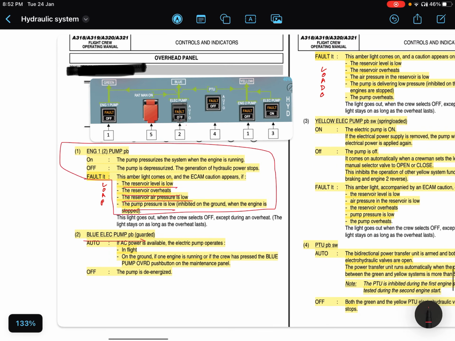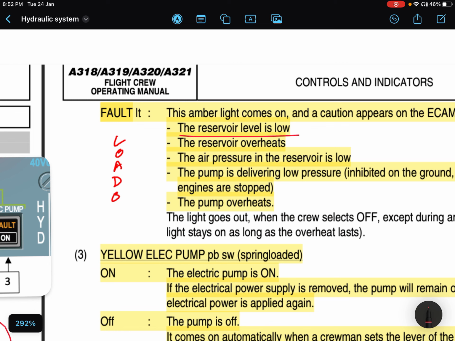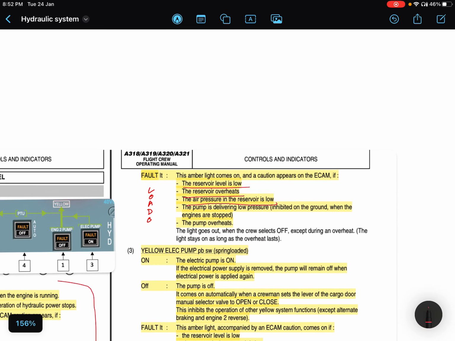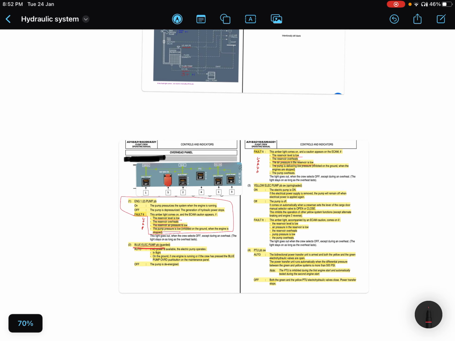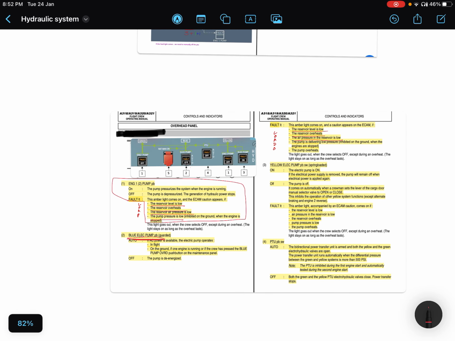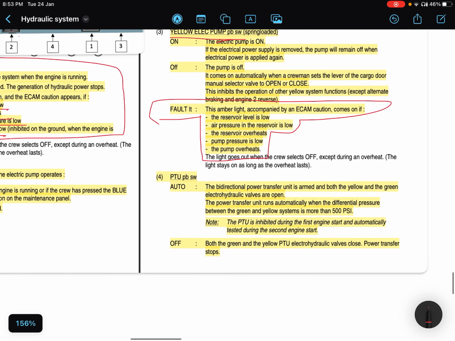For blue electric pump, the fault light comes for the same reasons I have told you: reservoir level is low, reservoirs overheat, and air pressure in the reservoir is low. You can read FCOM calmly by sitting aside. There is nothing different. For yellow electric pump, the fault light reasons are the same. I told you those five reasons.